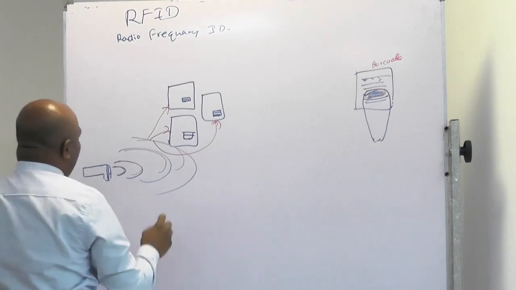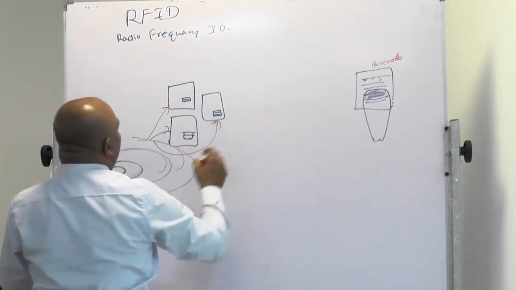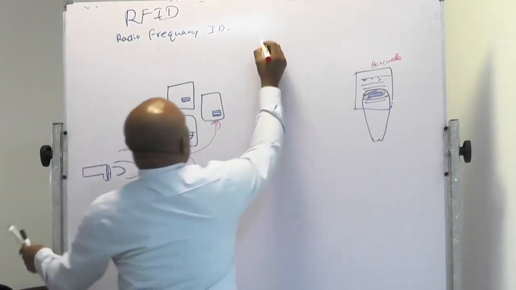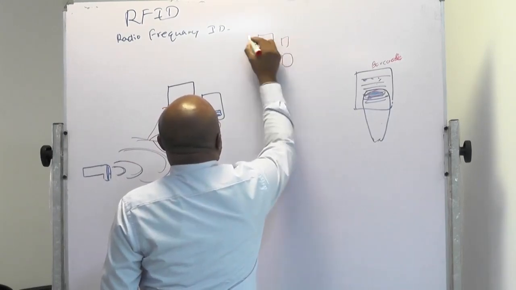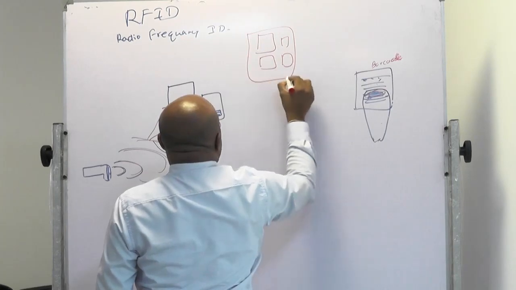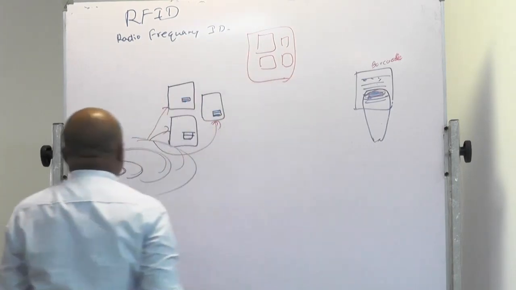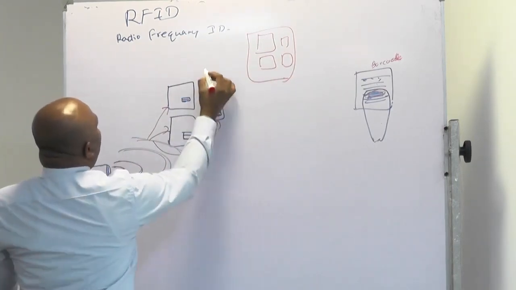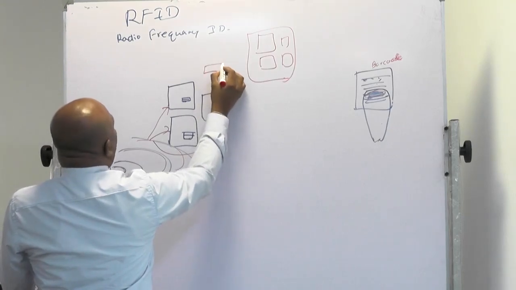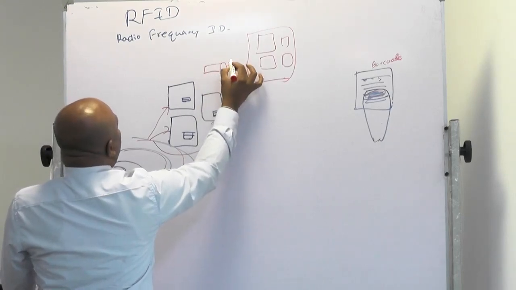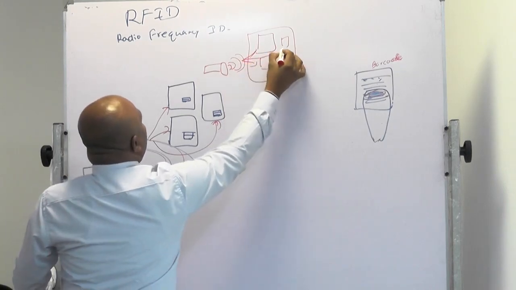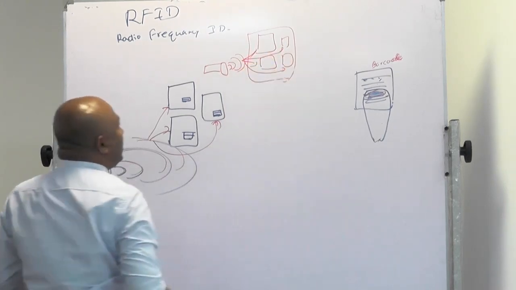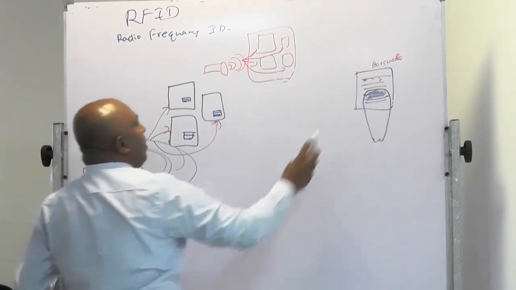Let us say there are so many goods in one box. Through the RFID reader, it gives a radio signal and identifies all of these items at once. So this is more advanced than the barcode.